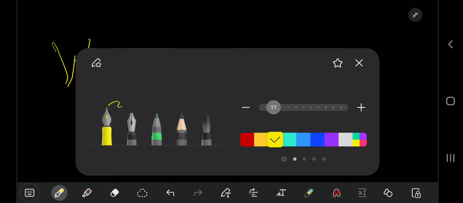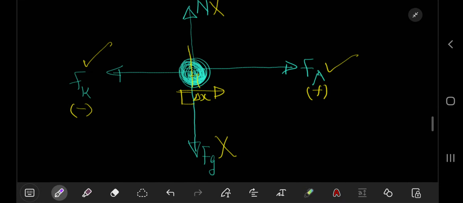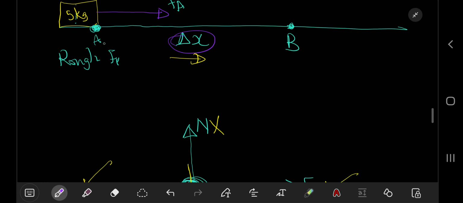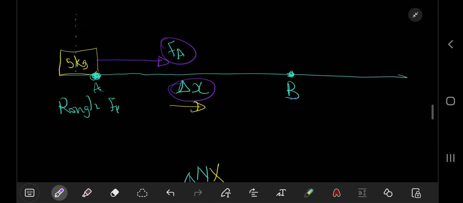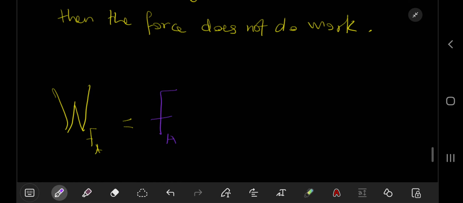Say you want to calculate the work done by the applied force. That would be equal to that applied force multiplied by the displacement from A to B. So we take the applied force multiplied by the displacement.